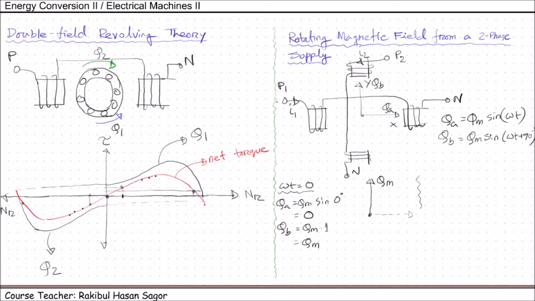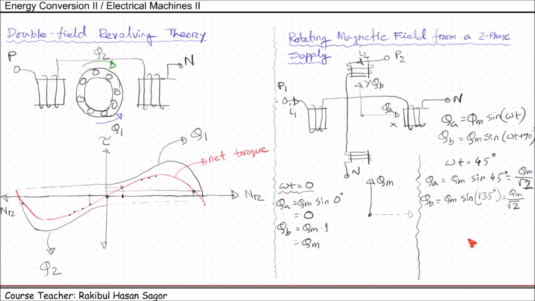Now let's see what happens when omega t equals, for example, 45 degrees. In that case, phi A equals phi m sine 45 degrees, which gives phi m over root 2, and phi B equals phi m sine of 45 degrees plus 90 degrees, that is 135 degrees, which is also phi m divided by root 2.